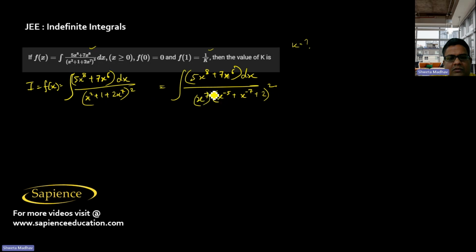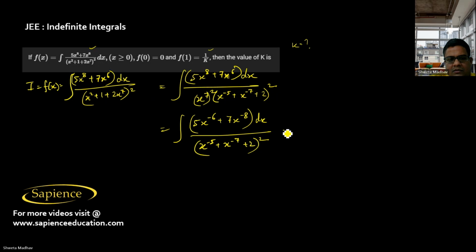So this will come as (5x power minus 6 plus 7x power minus 8) dx divided by (x power minus 5 plus x power minus 7 plus 2) whole square.